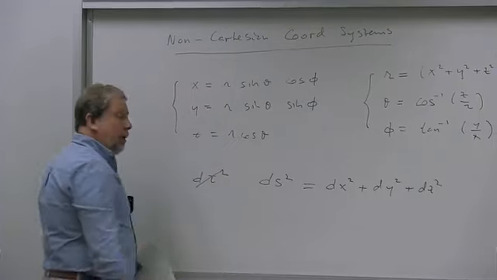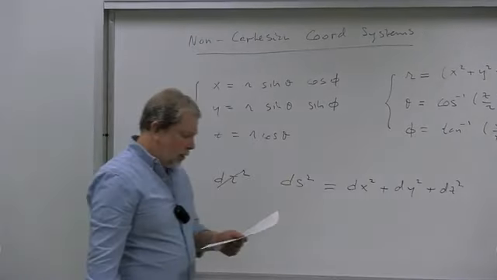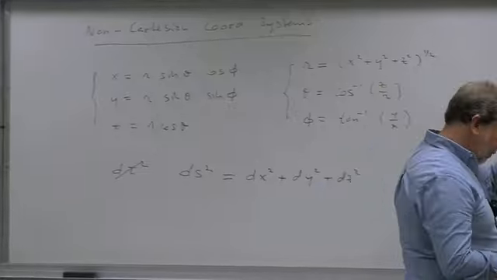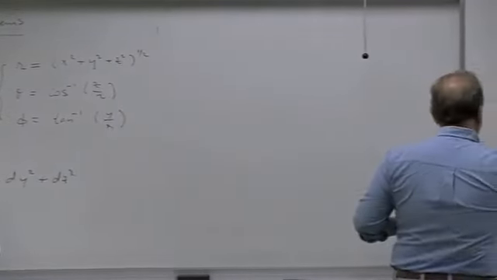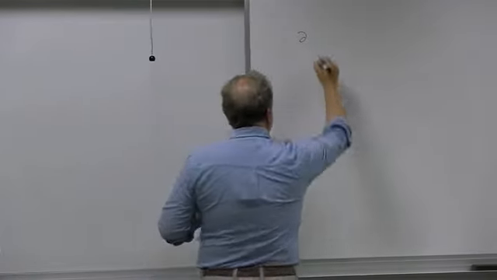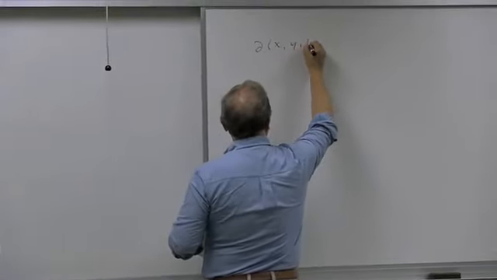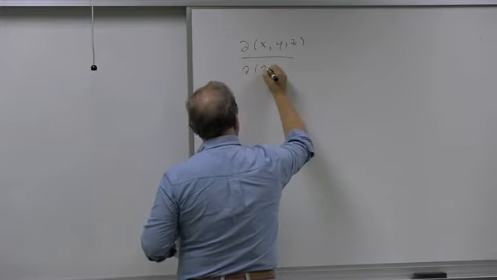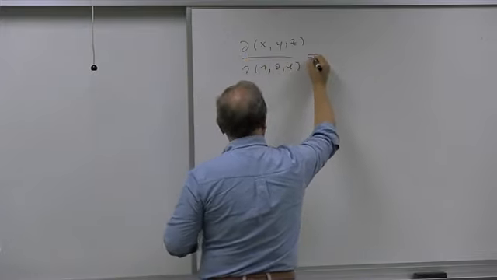Now we want to re-express this in the curved coordinate system that comes from the fact that we have spherical coordinates. And so we calculate the Jacobian matrix of the x, y, and z coordinate system with respect to the r, theta, and phi coordinate system.